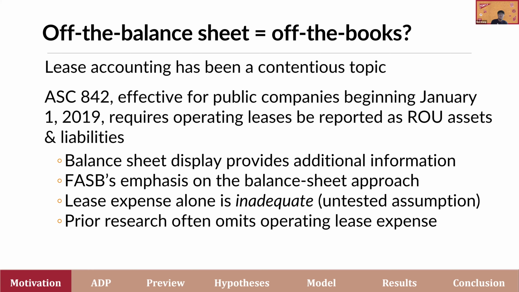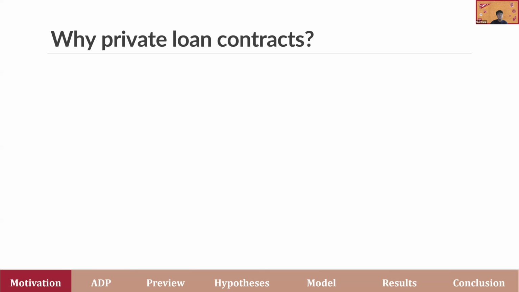What we try to do in this paper is to answer this basic question: whether capitalizing operating leases provides, in the words of FASB, significant benefits over lease expense that's already recognized in the income statement. So why do we use private loan contracts?